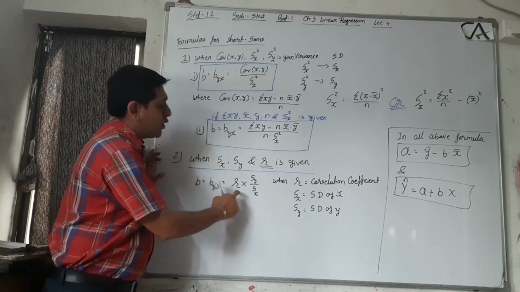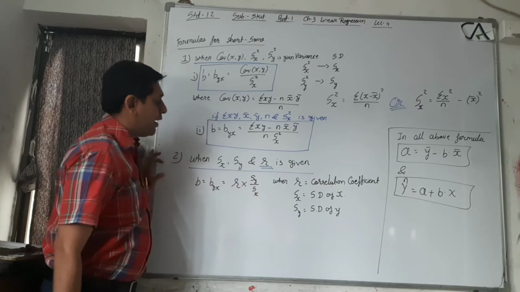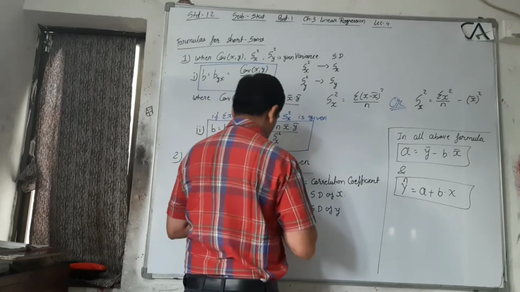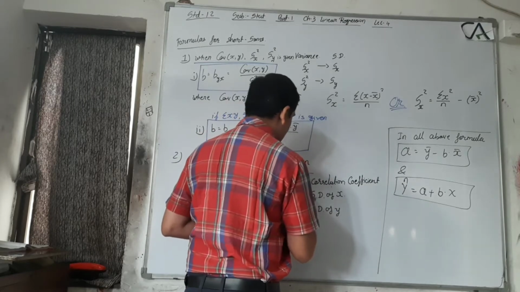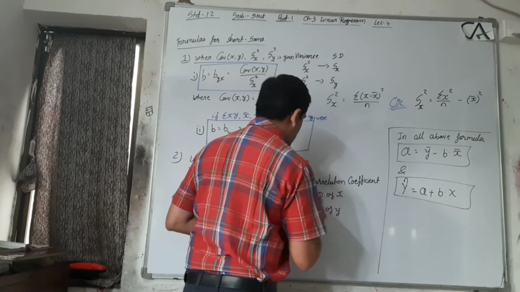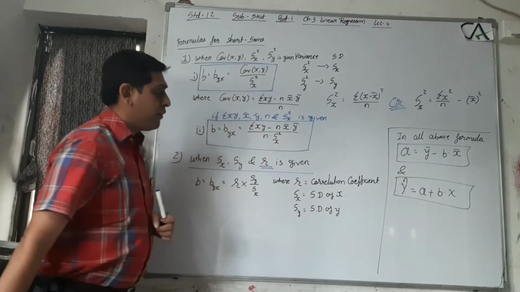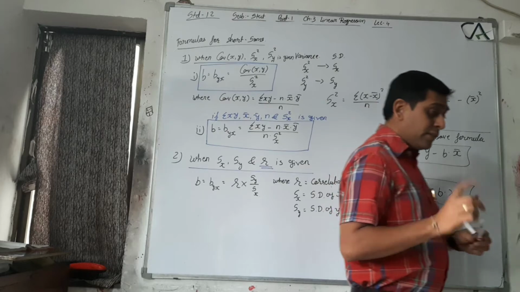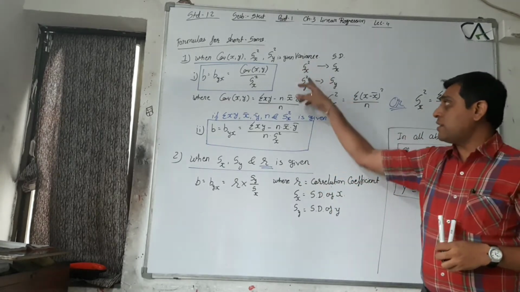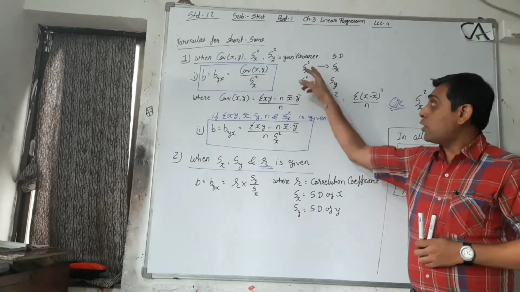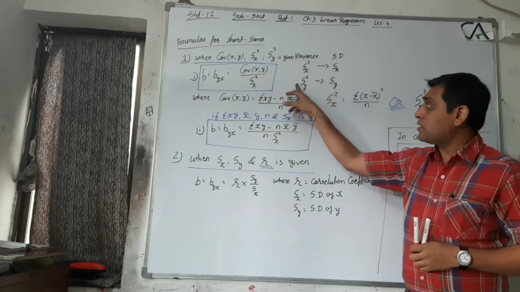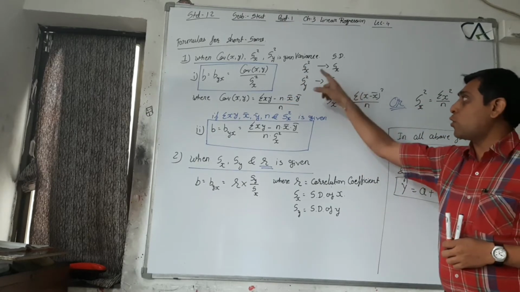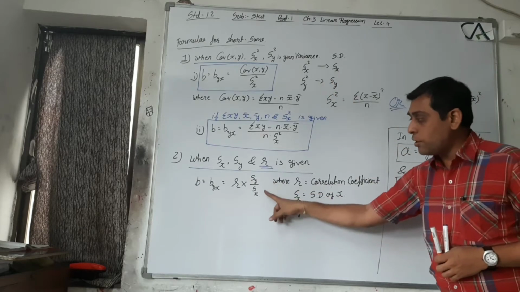So byx is equal to r into sy upon sx, where r is the correlation coefficient, sx is the standard deviation of x, and sy is the standard deviation of y. Same here, if the variance is given, I told you that you have to find sx and sy by the square root of these two and put it here.